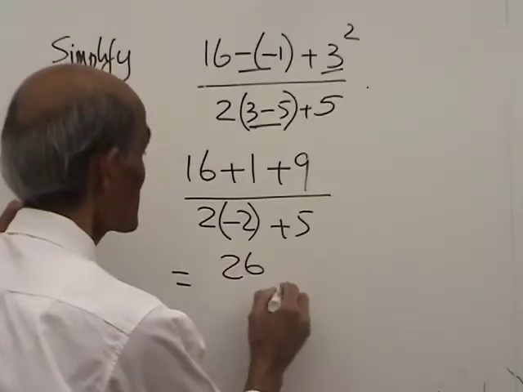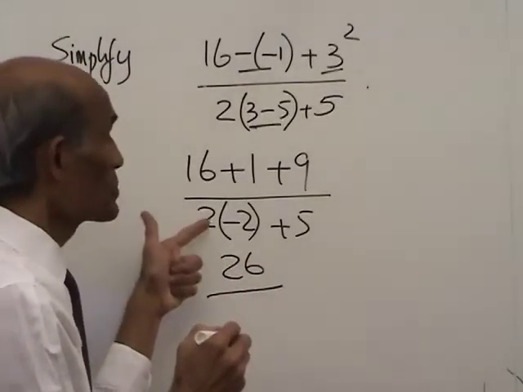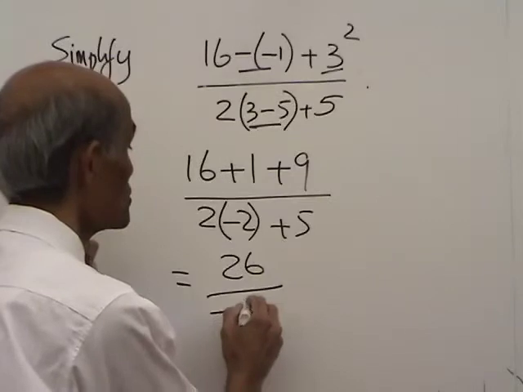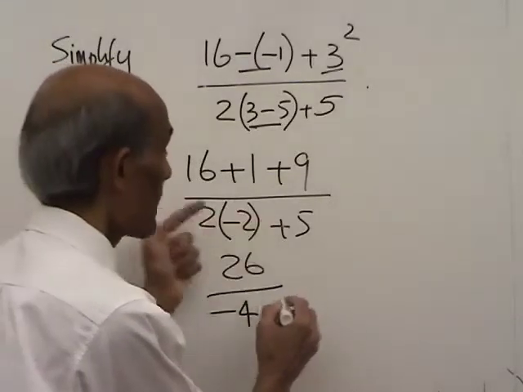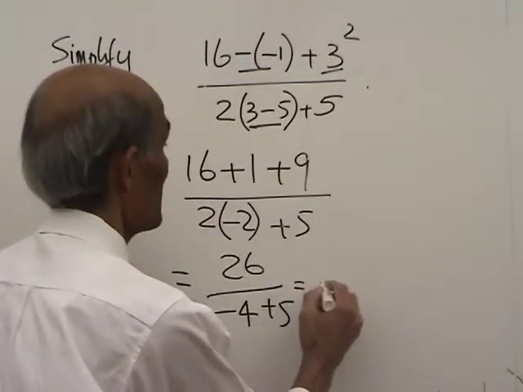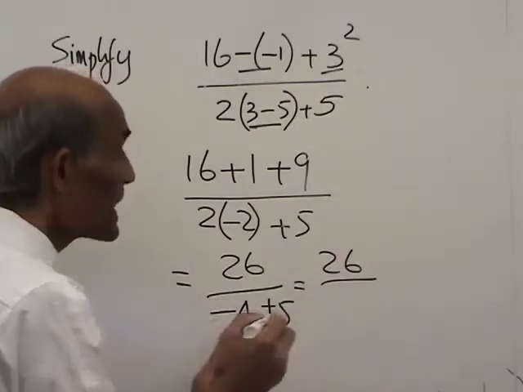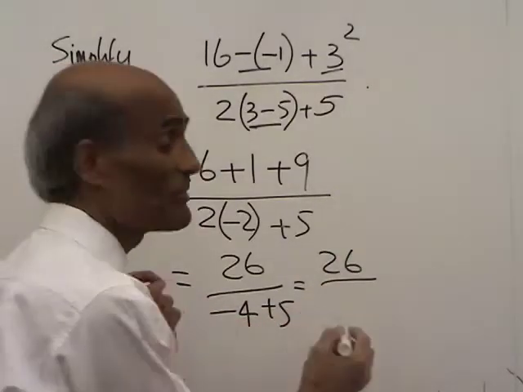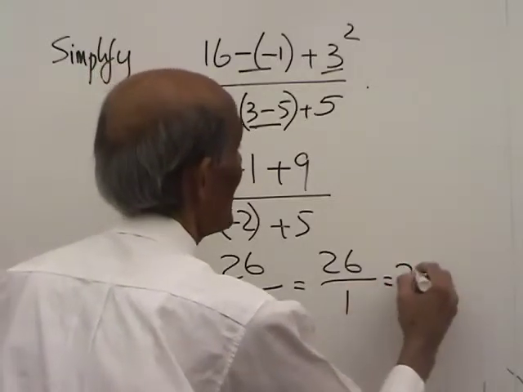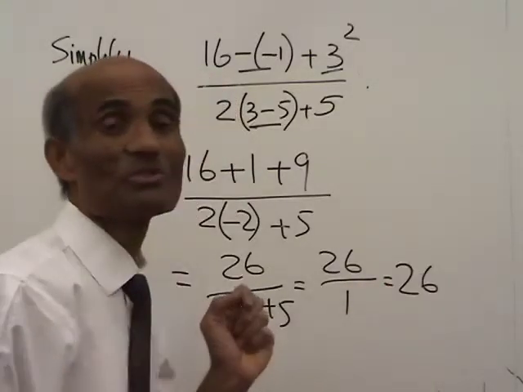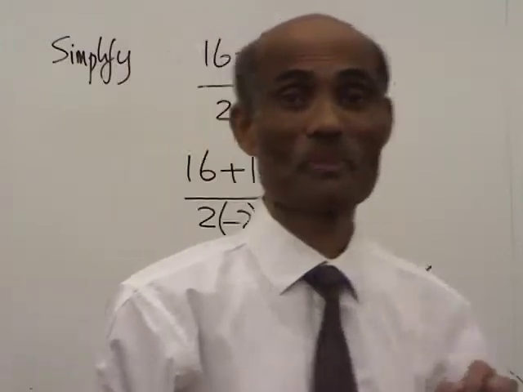So 26 divided by 2 times negative 2 is negative 4 plus 5, and that will be 26 divided by negative 4 plus 5 is a positive 1, and that is equal to 26.